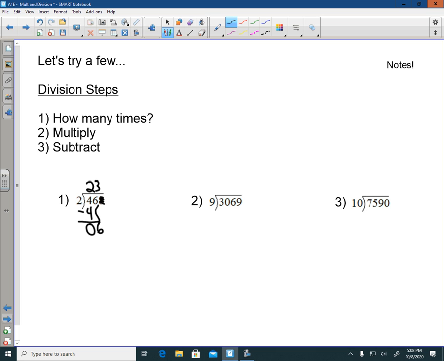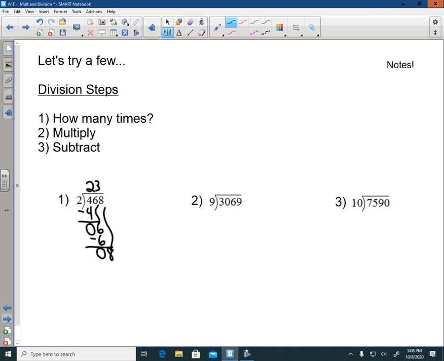Next step is to multiply. 3 times 2 is 6. I'm going to write that below that 6. And then I will subtract, and I get 0. And now the last step. Bring down that 8.